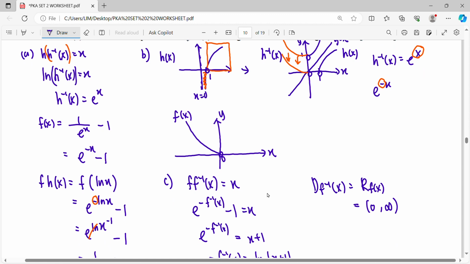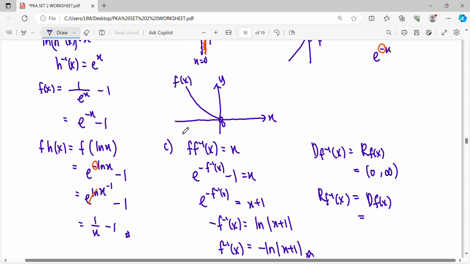Then when we want to find the range of f inverse, we refer to the domain of the function. Looking at the domain means looking at the left and right here, so it will be negative infinity to 0, also not included at this point.